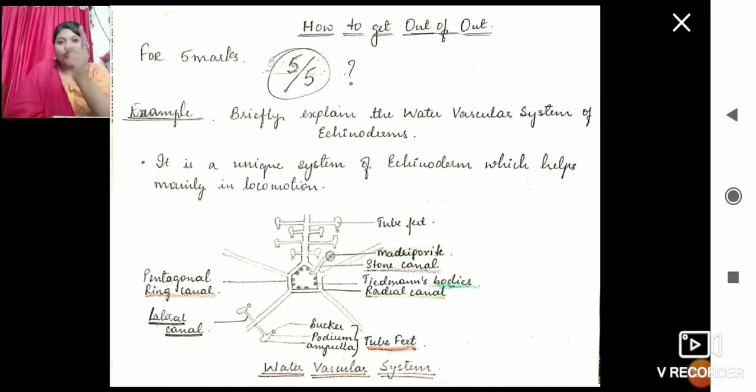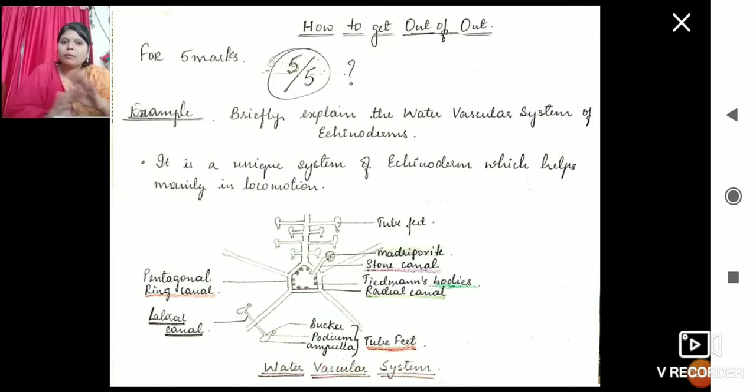Okay, so the first point that I have chosen to write is, it is a unique system of echinoderms which helps mainly in locomotion. This is the first point which tells us how important the water vascular system is. And it's a unique feature of the echinoderms.